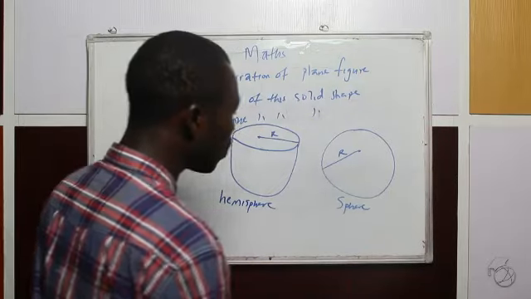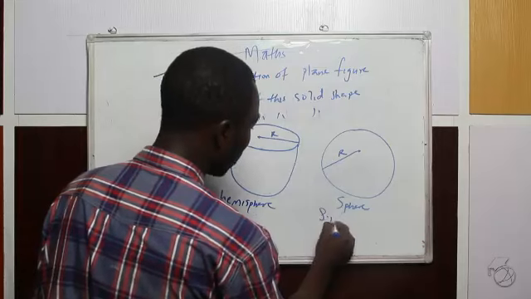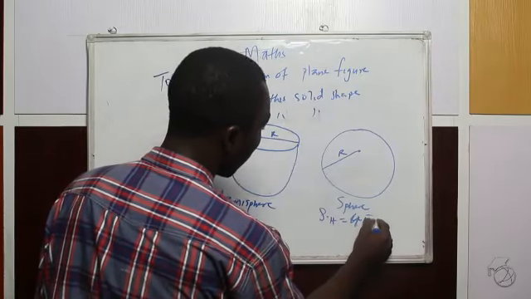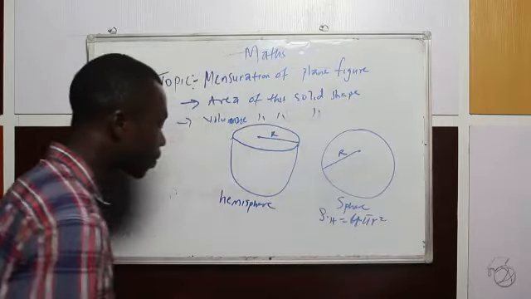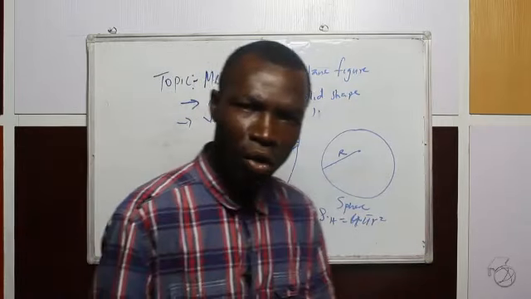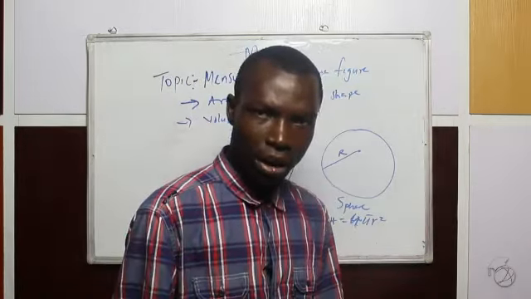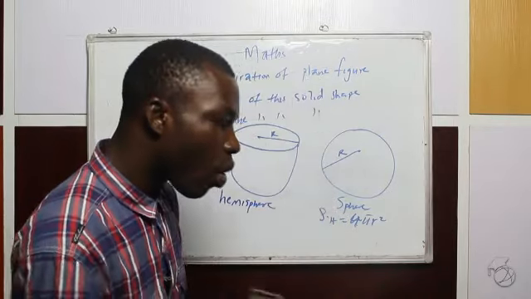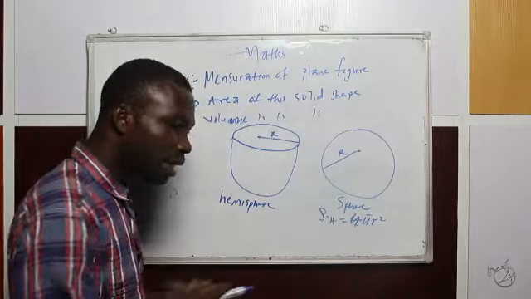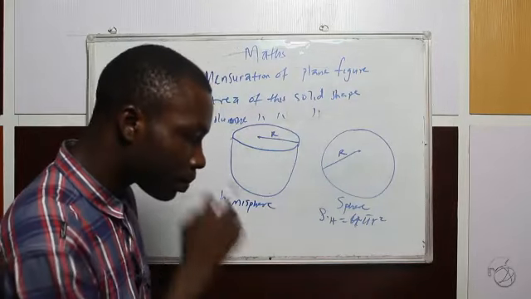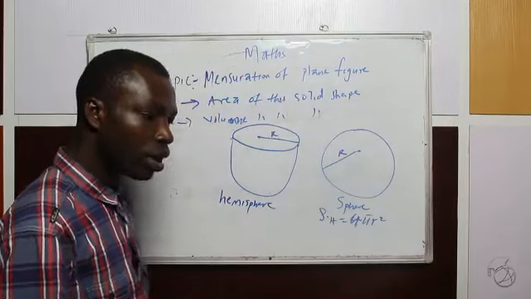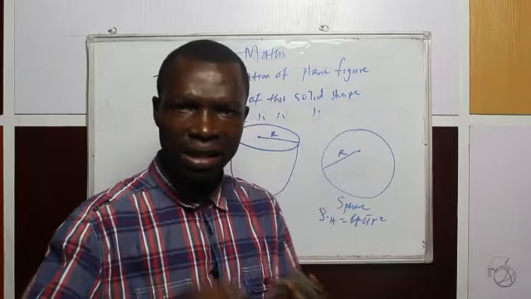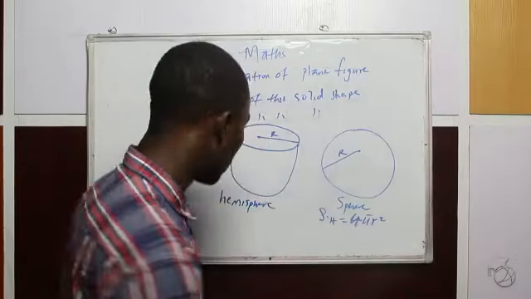We know that the surface area of a sphere is given to be 4 pi r squared. Now the surface area of a hemisphere is different from the sphere. It is given to be 2 pi r squared, because I told you that we divide the sphere into two.